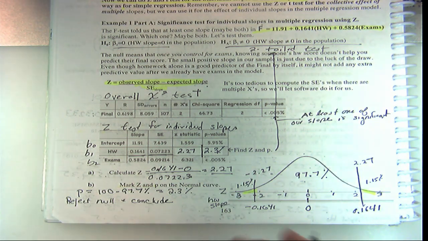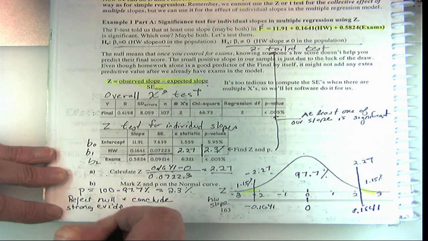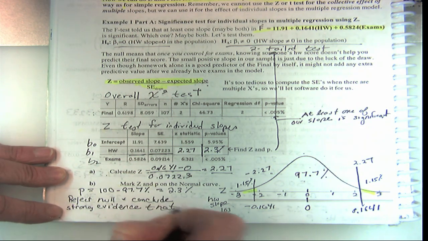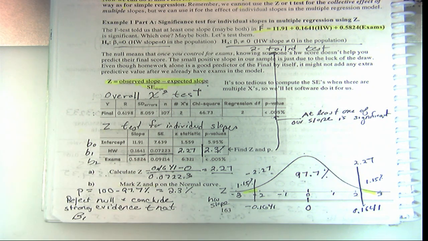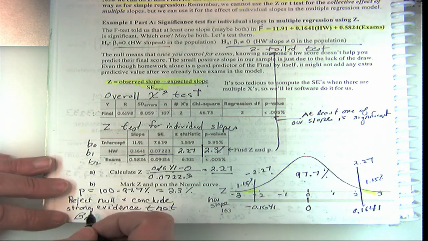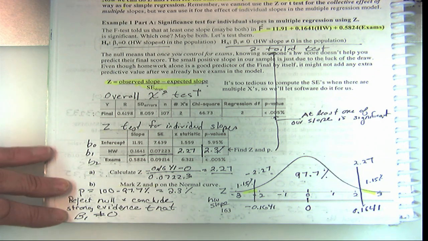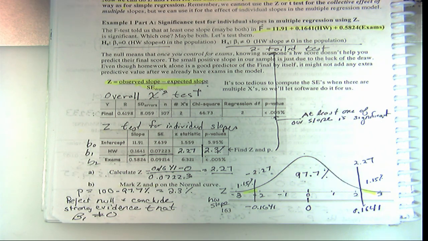So we're going to conclude that there's very strong evidence that in the population, the homework slope, and I'm using the Greek letter here, beta 1, is not equal to 0. That we have some information there that's valuable in predicting the final. So that's the idea. Any questions on that?